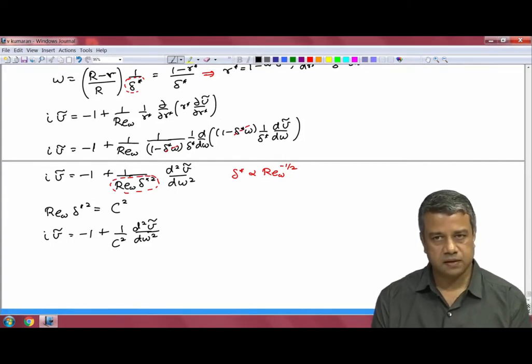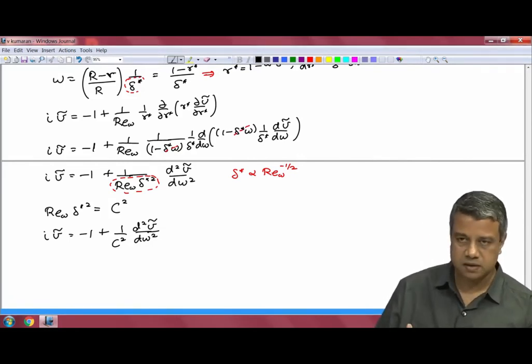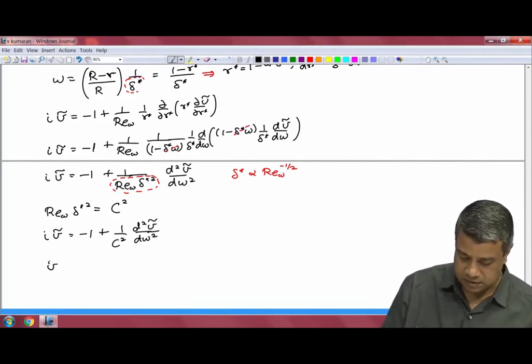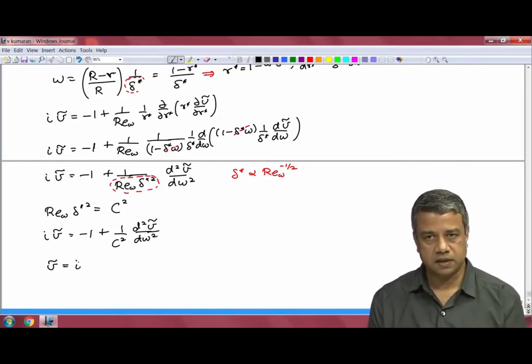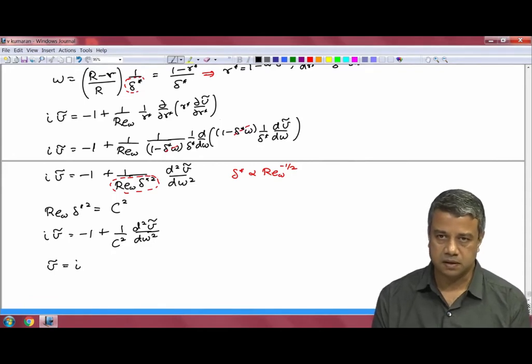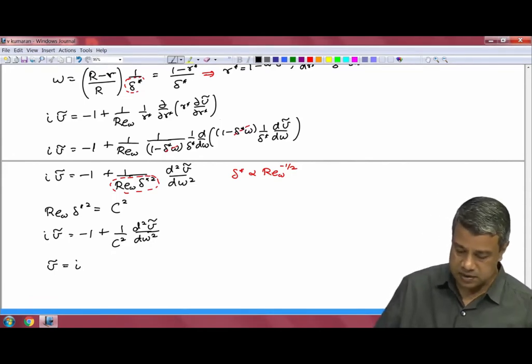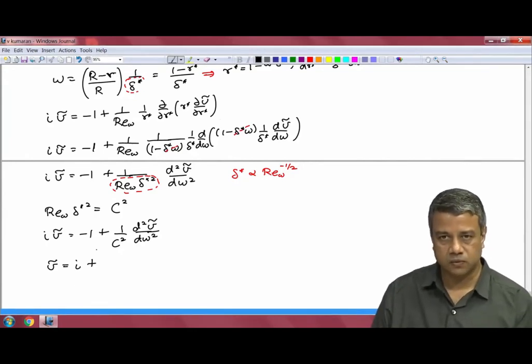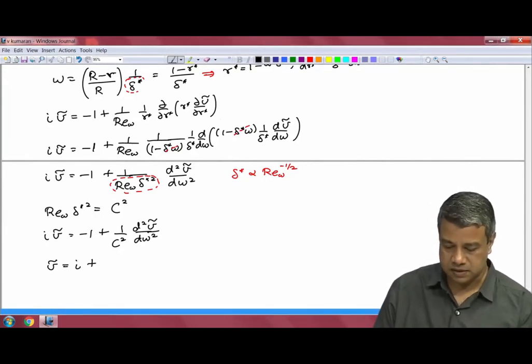Now, this is a second order inhomogeneous differential equation that is easy to solve. There is a particular solution, which is just a constant V equal to I. This satisfies the inhomogeneous equation.